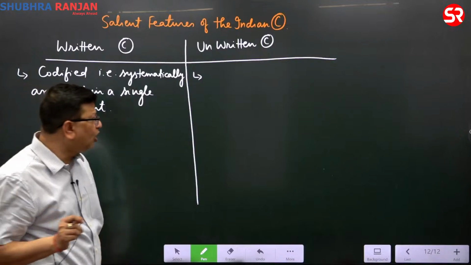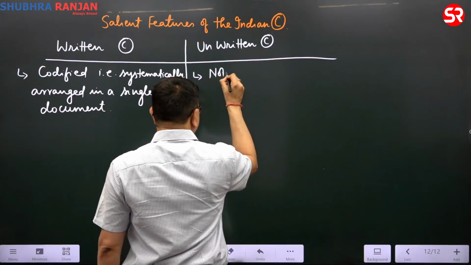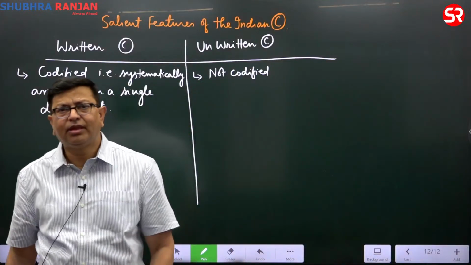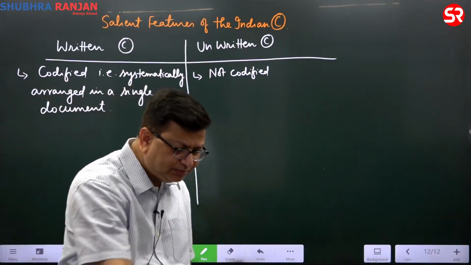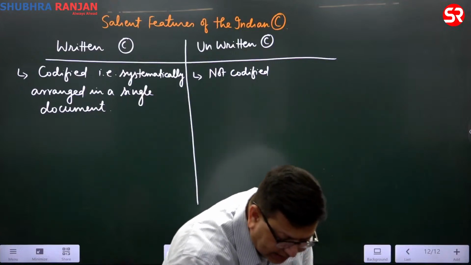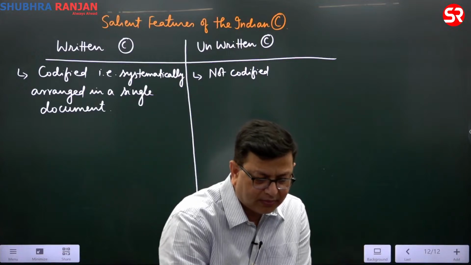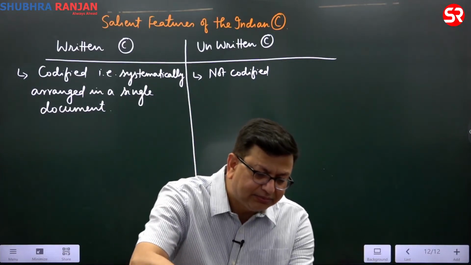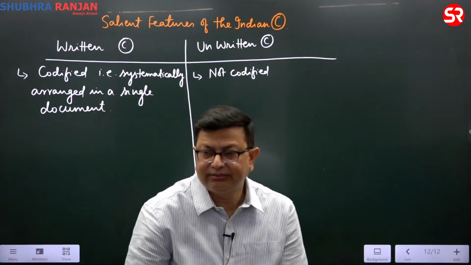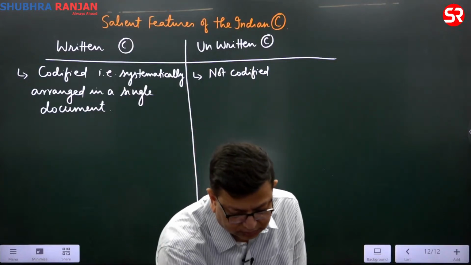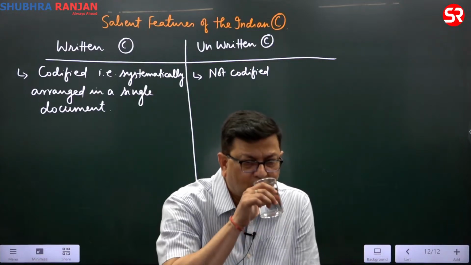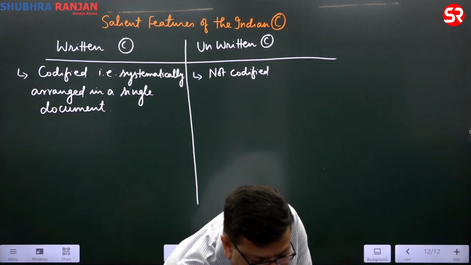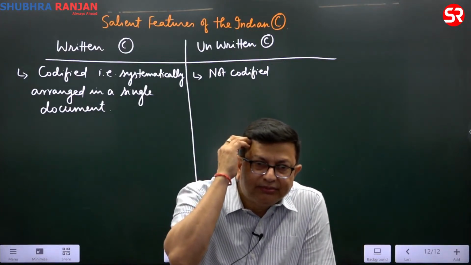An unwritten constitution does not mean that the provisions have not been written down, but they are not systematically arranged in a document that is not codified.